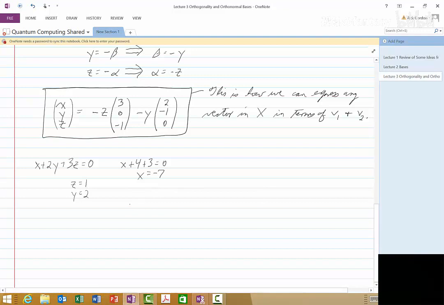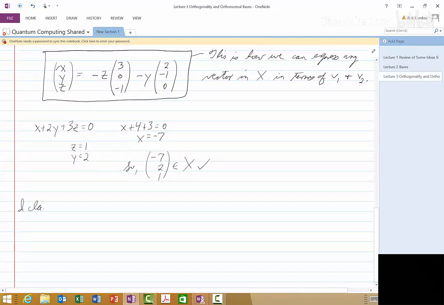And therefore, (-7, 2, 1) is an element of X. If we check that, x plus 2y plus 3z: x is negative 7 plus 2 times 2 is 4. Negative 7 and 4 is negative 3. And then negative 3 plus 3 times 1 is positive 3. So negative 3 and positive 3 is indeed 0. So that verifies that this vector is indeed in X.